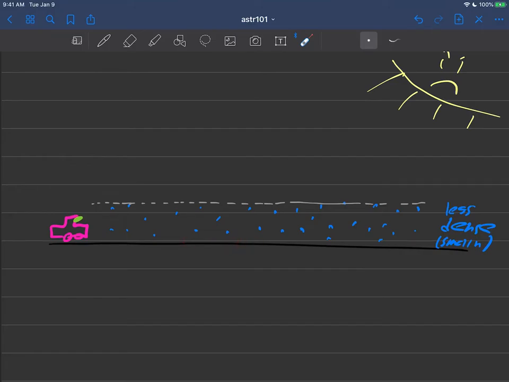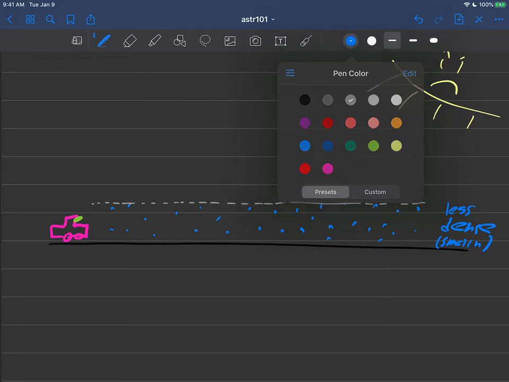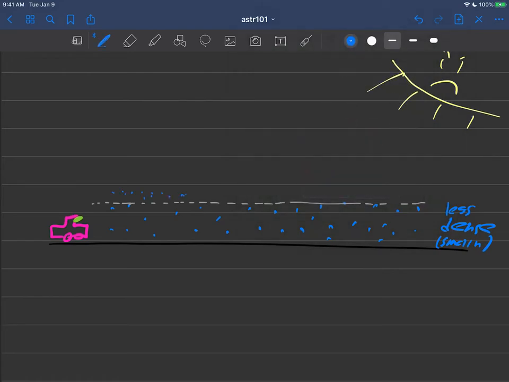What's going to happen to the air now? More dense or less dense? It's getting cooler. Well, if you thought more dense, you're right. So we'll draw some air in here. And I'm on purpose trying to draw the air molecules a little bit closer together now because it's getting more dense. It's getting cooler. And maybe I'll put a few more up here, make the layer a little bit thicker like this.